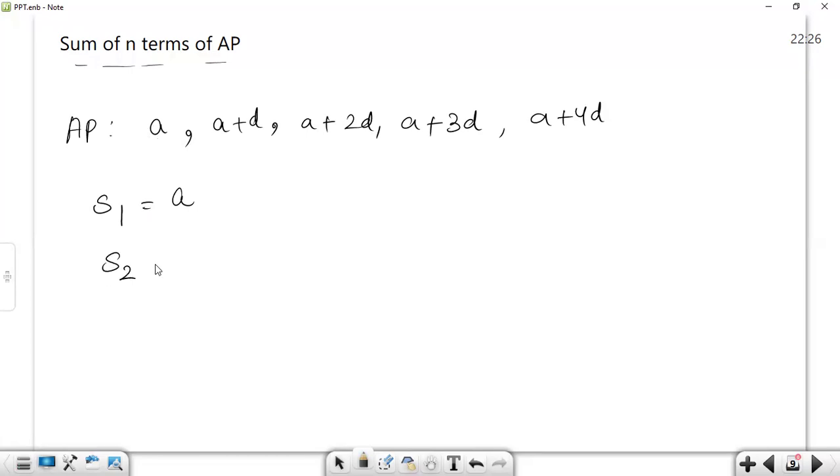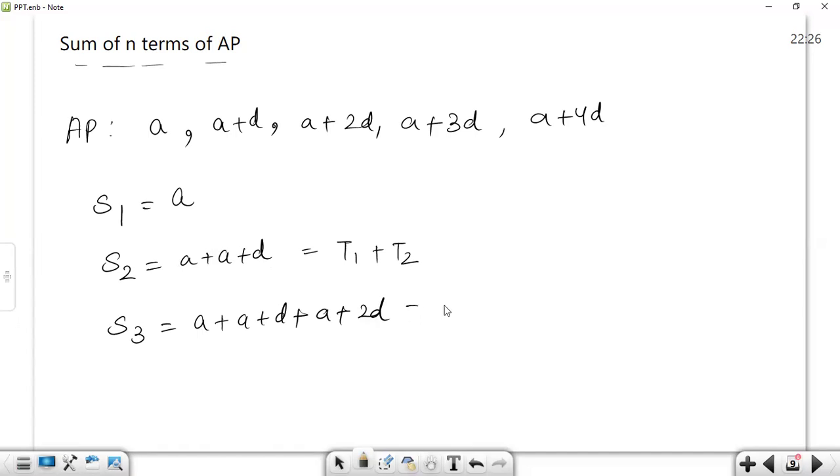The sum of two terms is a plus d. Now the sum of three terms is a plus d plus a plus 2d. So we can write it as the first term and the second term, and to find the sum of three terms, we sum all the terms.